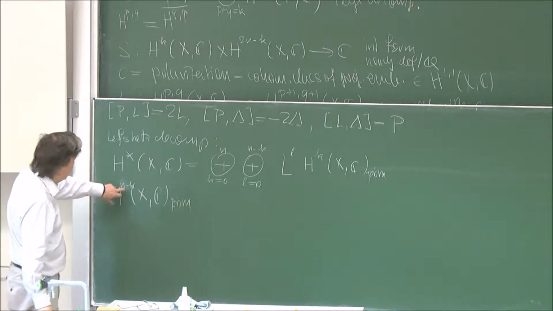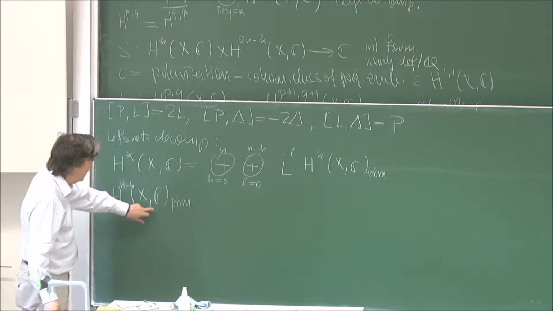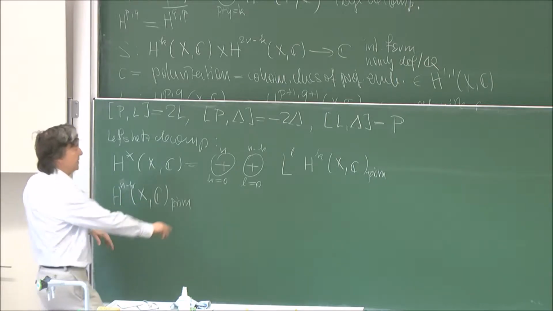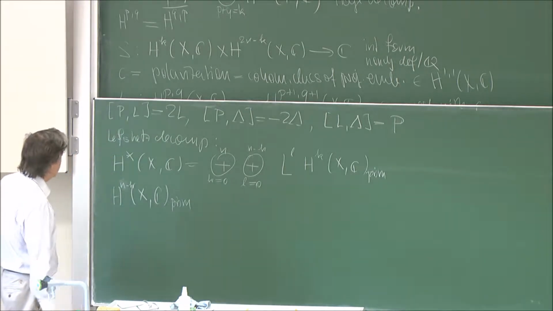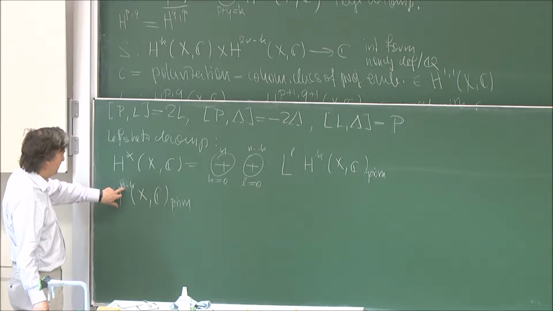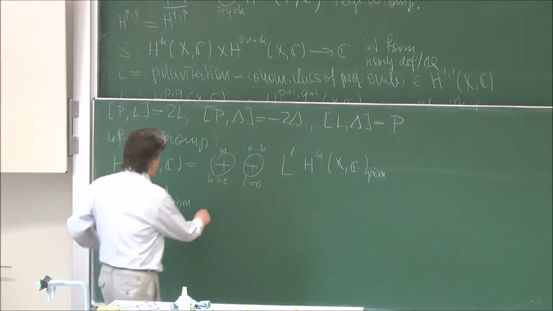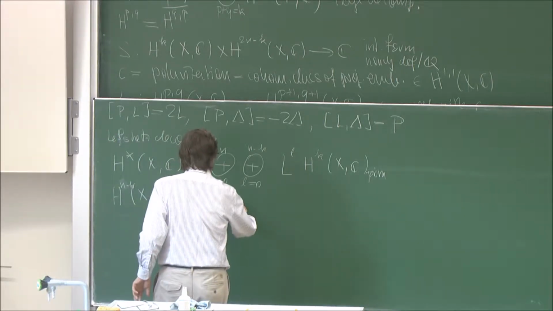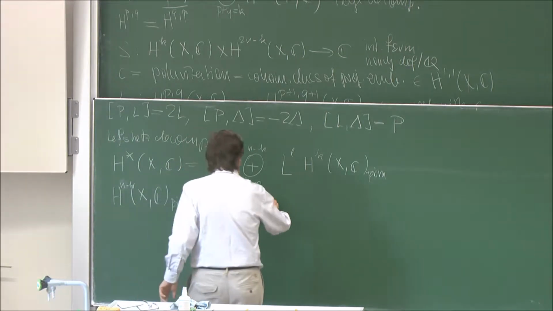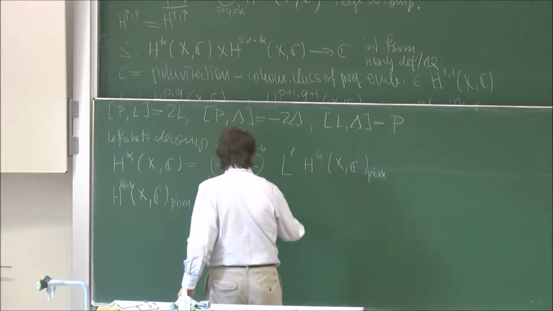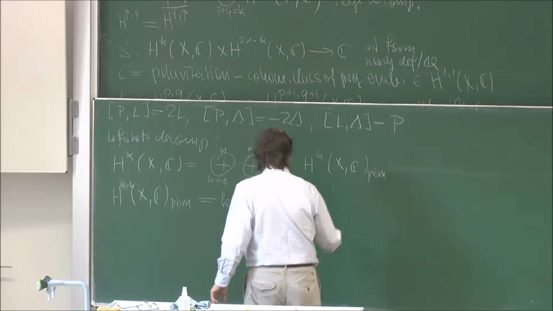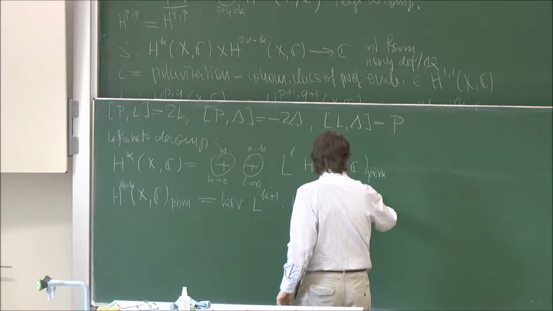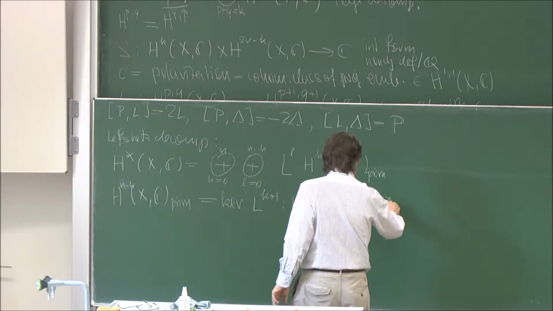So H^{n-k}(X,C)_prim. Since this index is less than or equal to the middle dimension, this will be a non-negative integer. This is the kernel of L^{k+1} from H^{n-k} to H^{n+k+2}.